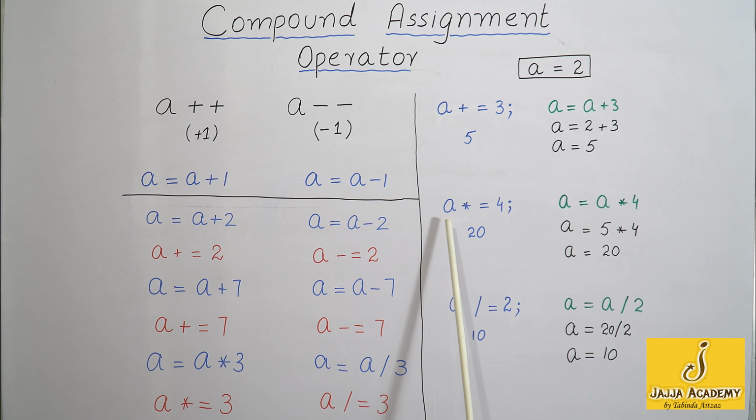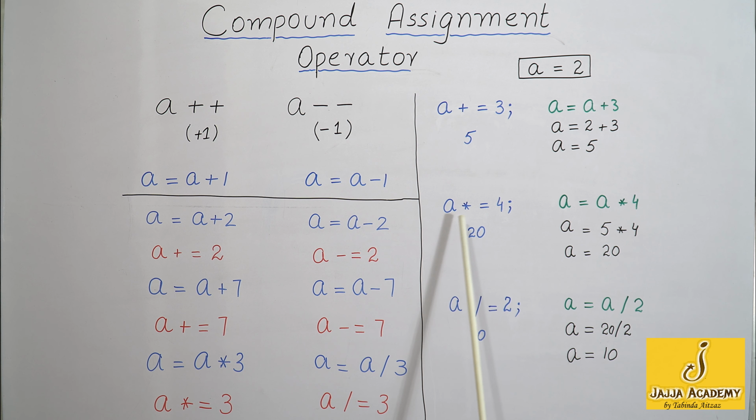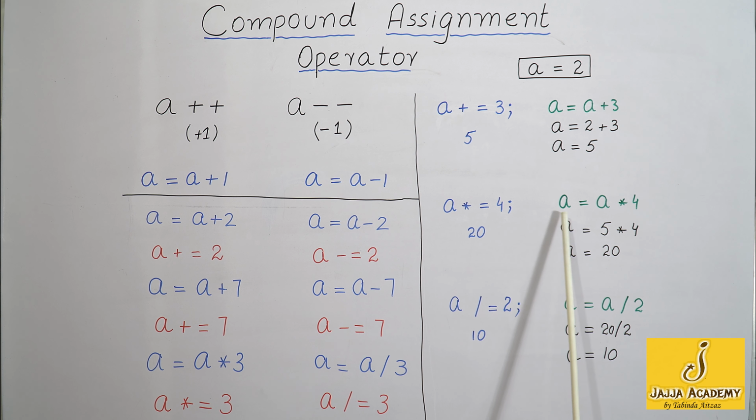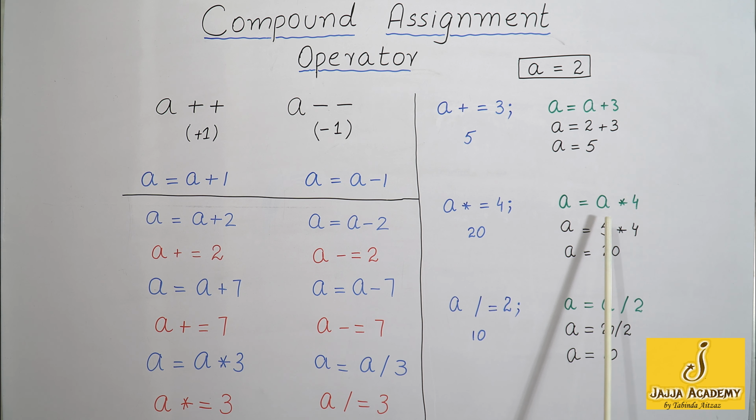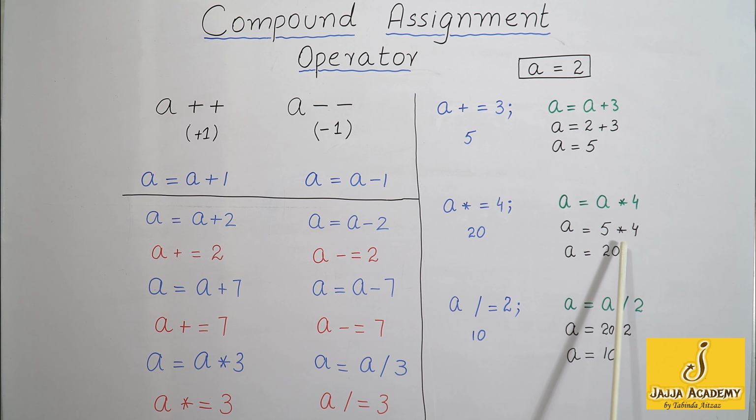So writing A asterisk is equal to 4 means this expression will multiply the value of A by 4, such as A is equal to A asterisk 4. Putting the value of A, which is 5 now, as it was changed after the execution of the previous statement, 5 multiplied by 4 will be equal to 20. After the execution of the second statement, the value of A will be equal to 20.